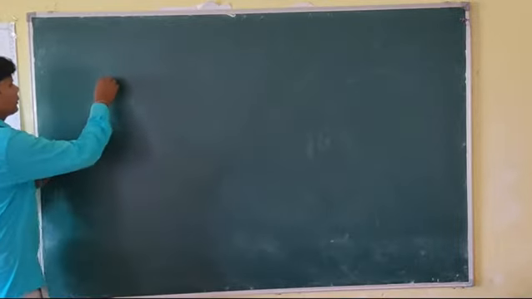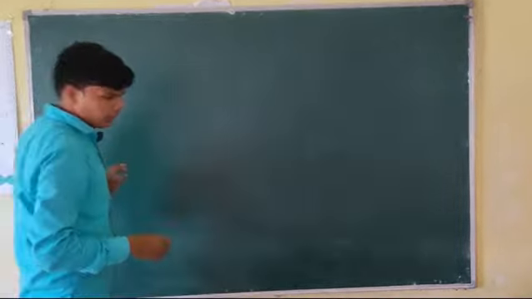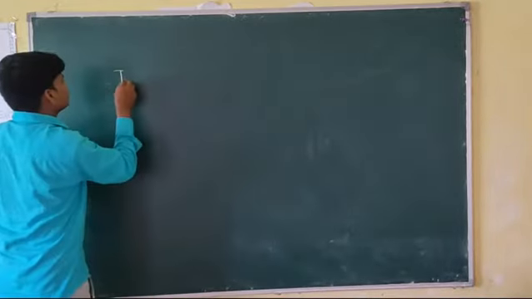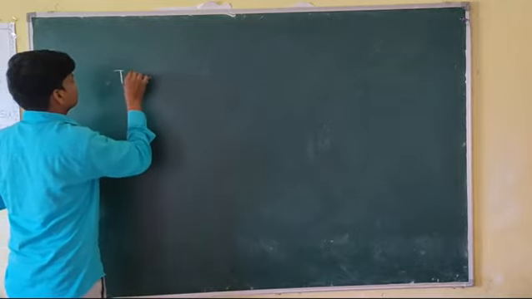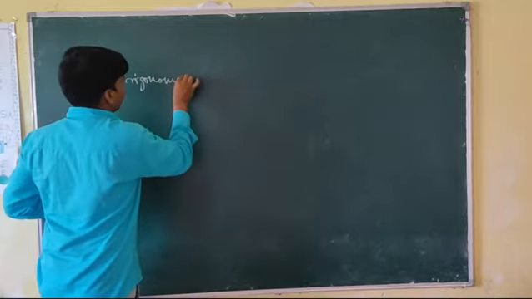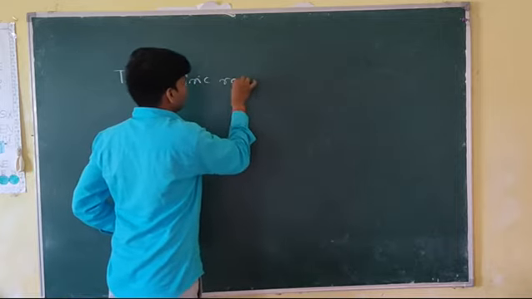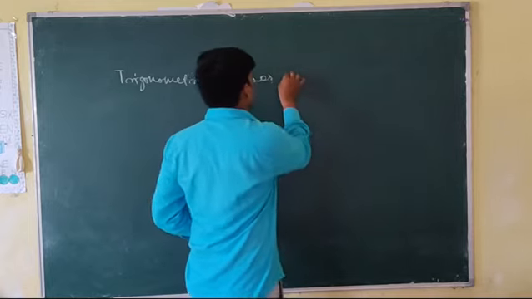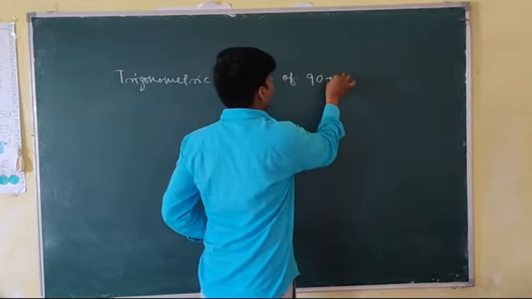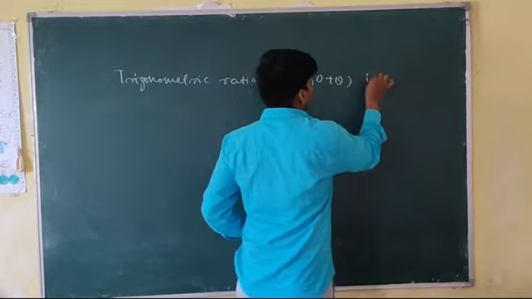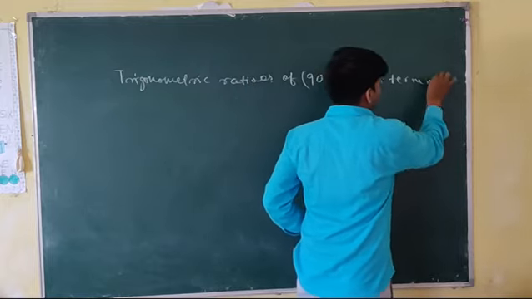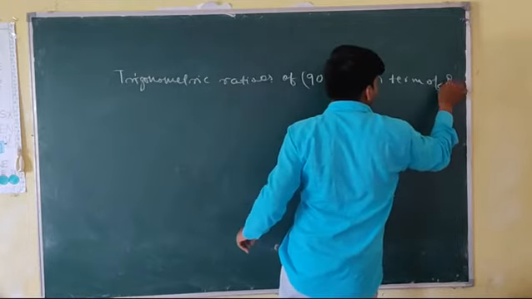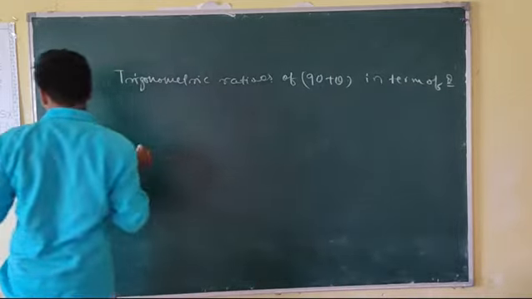Your heading is trigonometric ratios of 90 plus theta in terms of theta.